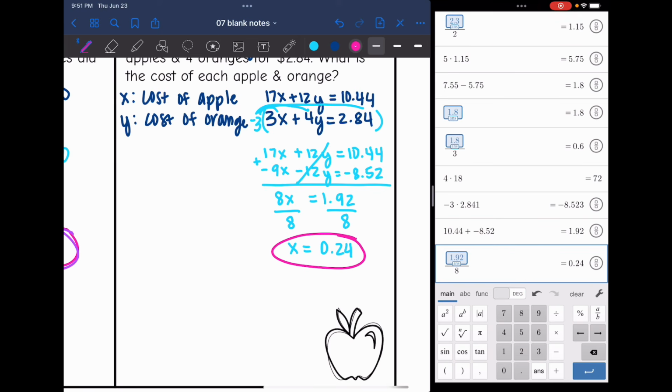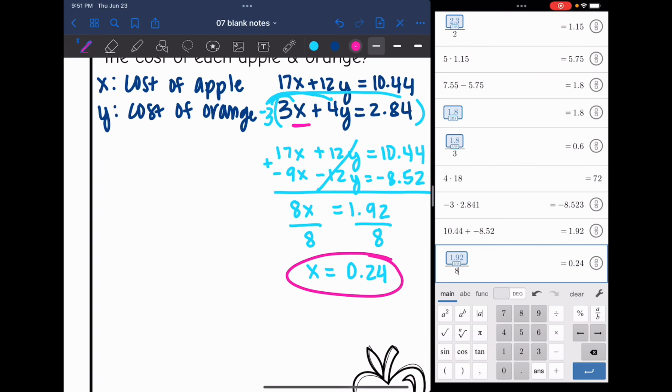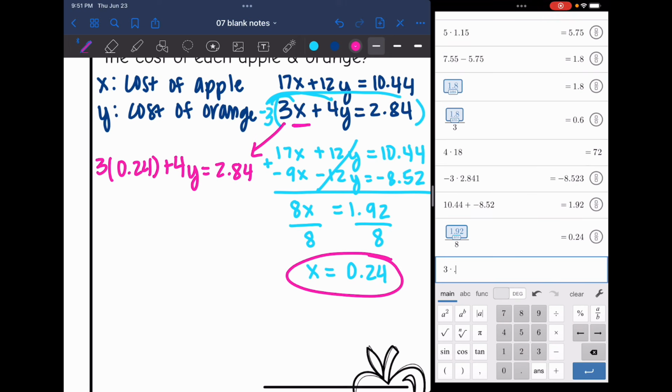So I'm going to use the bottom equation, and I'm going to replace x with 24 cents, and then I'll solve for y. So it'll be 3 times 0.24, since that was x, plus 4y equals 2.84. So let's do 3 times 0.24. We get 0.72 plus 4y equals 2.84.